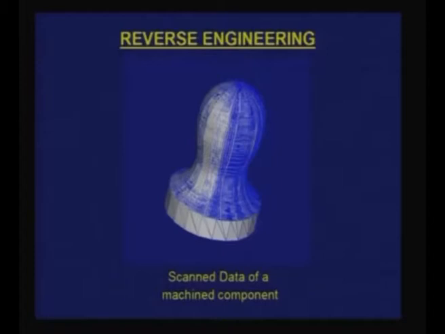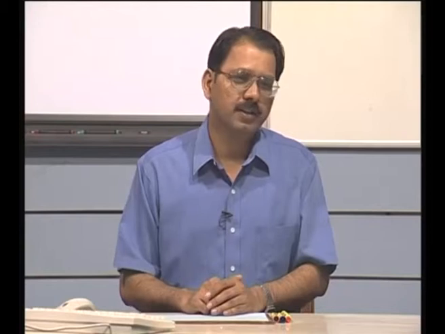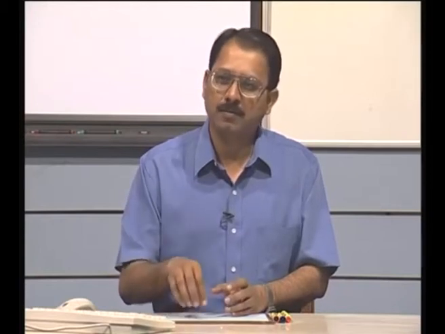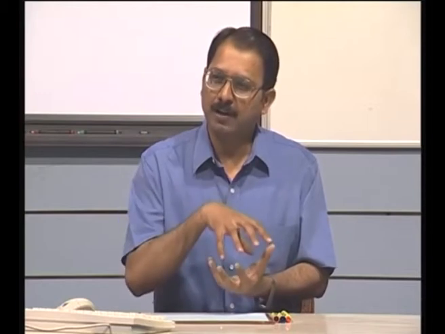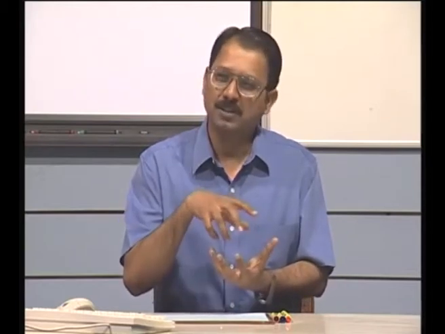This representation is more like an STL. Suppose this has to be manufactured by rapid prototyping, that is convenient. There are also special NC program generation methods which take as input either point cloud data directly or an object represented only as triangles. So in those situations, I can directly use this.